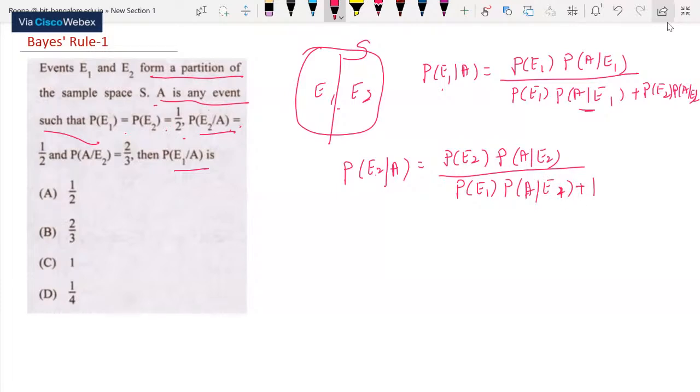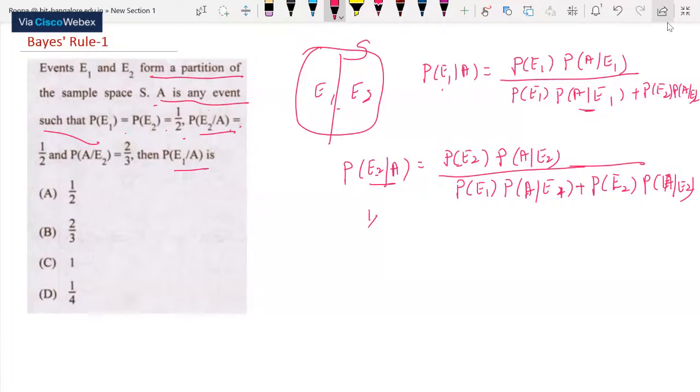If you want to overcome the ambiguity, I'm giving another alternative. Here you write this first, and then write the conditional probability reversed. That's all. E2 into probability of E2, what about A slash E. Using this, you have a value for this. What's the value for this? 1 by 2.